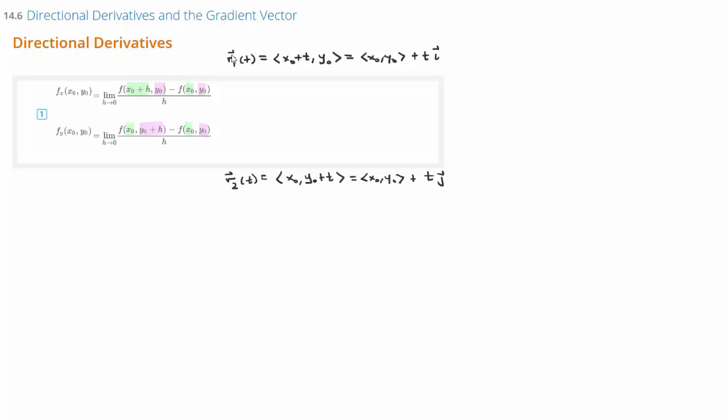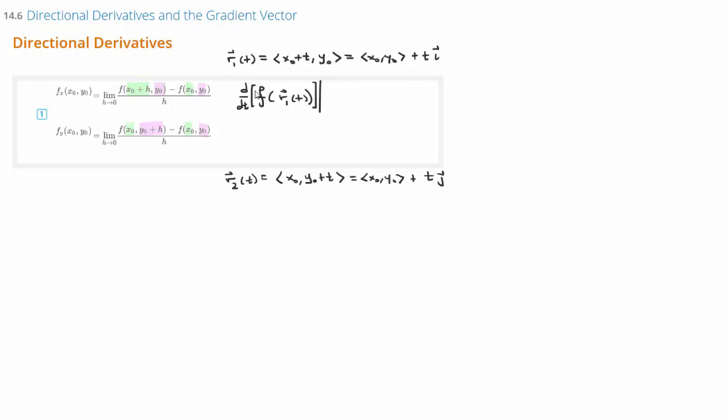Now, the composition f(r1(t)) is a single variable function, whose values are the values of f along the line parallel to the x-axis passing through the point (x0, y0). If I take the derivative with respect to t of this single variable function, then I get the rate of change of f along this line.